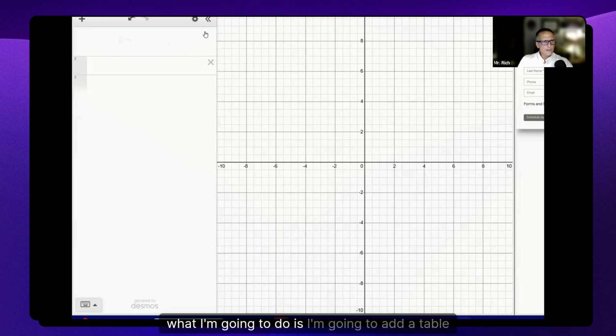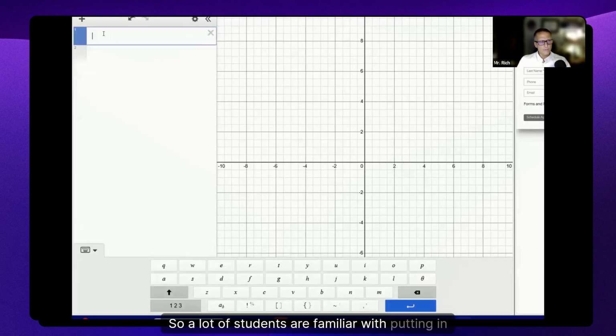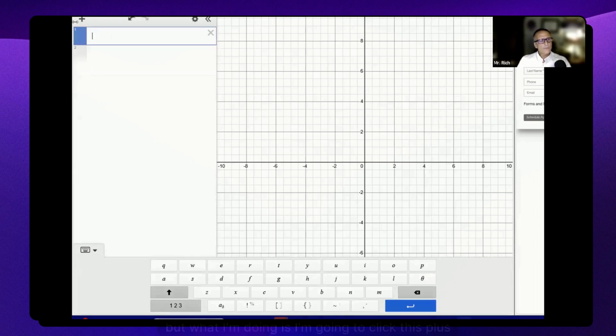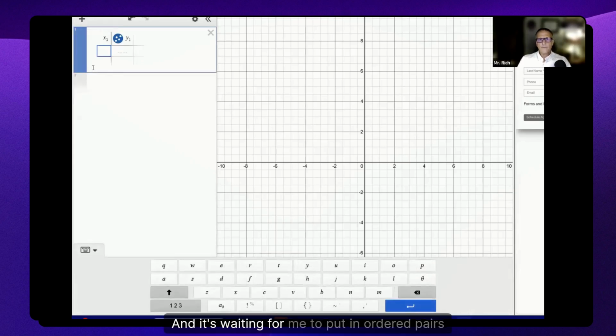Now I'm going to add a table to Desmos. A lot of students are familiar with putting in and graphing equations in Desmos. But I'm going to click this plus sign right here, and select table. And it's waiting for me to put in ordered pairs for X and Y.